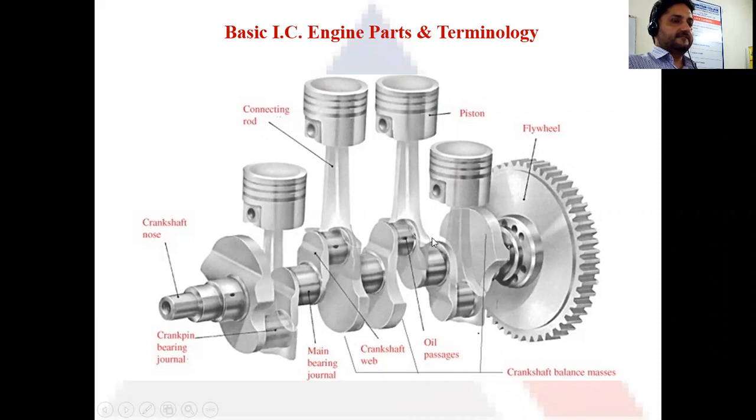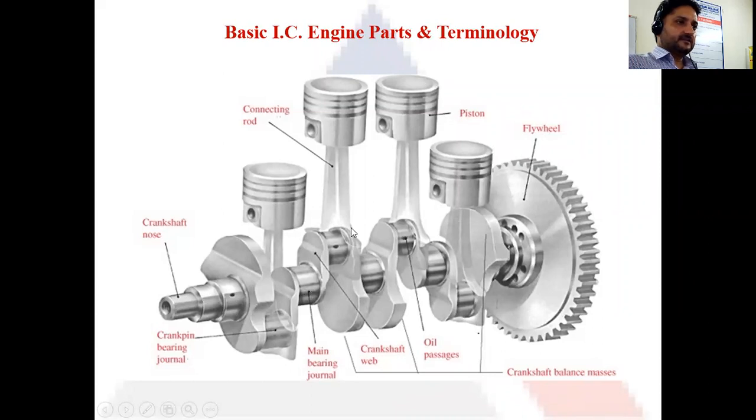So this is the crankshaft for a 4-stroke 4-cylinder engine. Because we have 4 pistons here, it is a 4-cylinder. And all these 4 pistons are connected with the help of a connecting rod to the cranks at 4 different places.